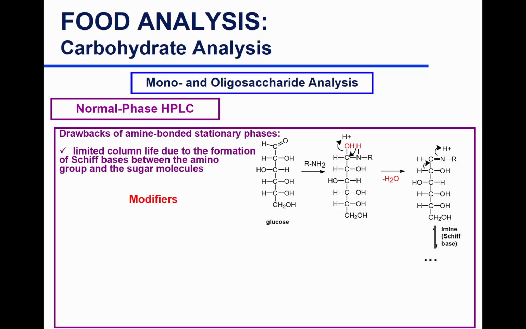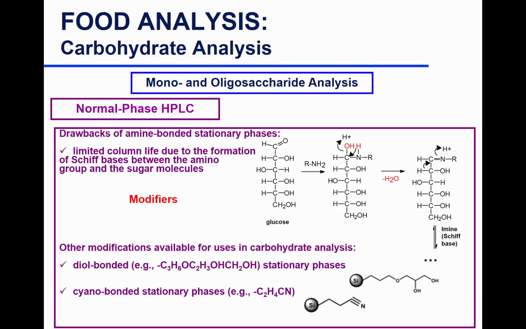To solve this problem, you use modifiers, meaning you add amine groups in your mobile phase, so you are continuously replenishing the amine group supply on the column. There are other groups that you can use to modify the silica that will also form hydrogen bonding with your sugars.